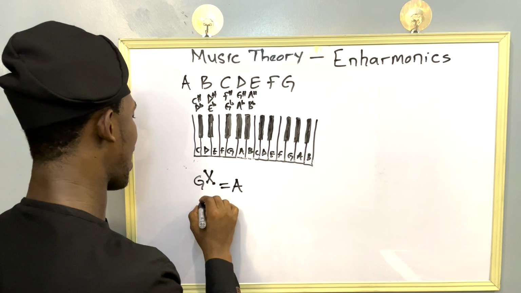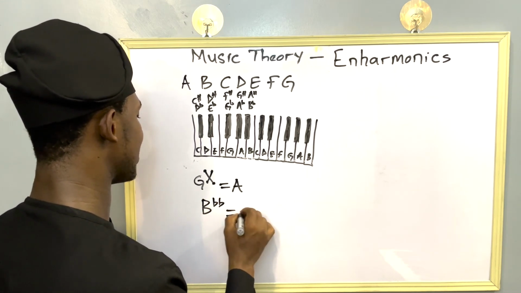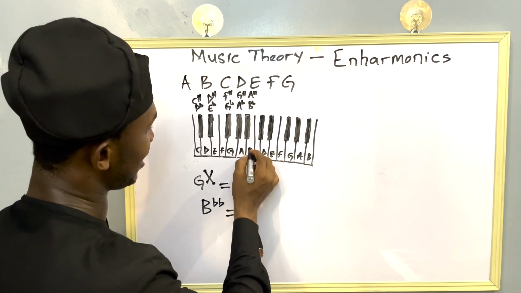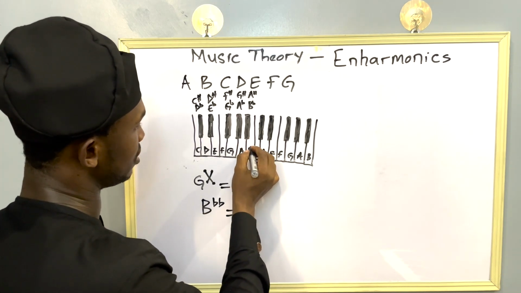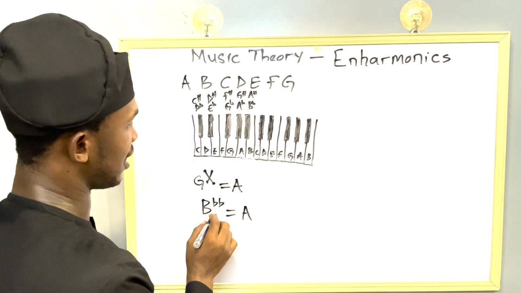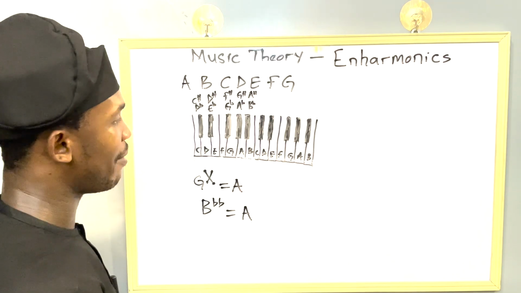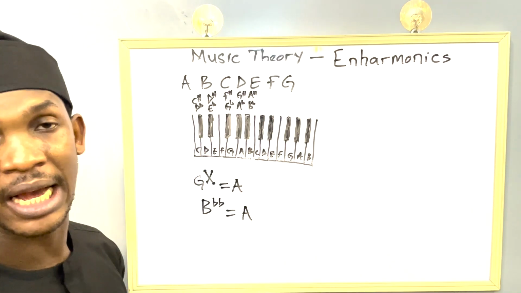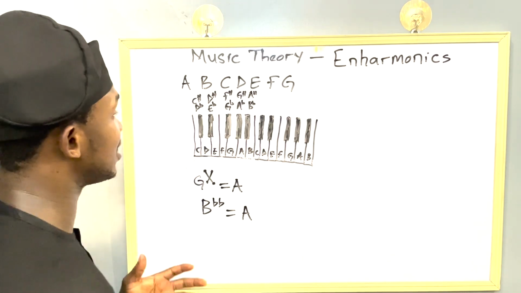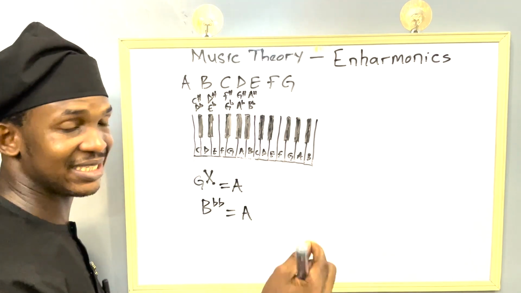B double flat is the same thing as A also, because if you flatten B once and flatten B again, double time, you get to A. So all these notes, you can call by different names and you still arrive at where you are going. That is the concept of enharmonic notes: different names, but the same pitch.